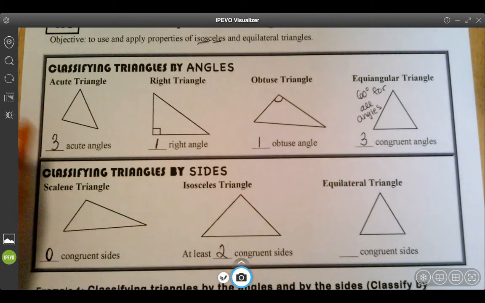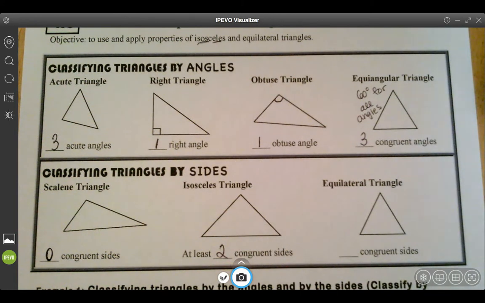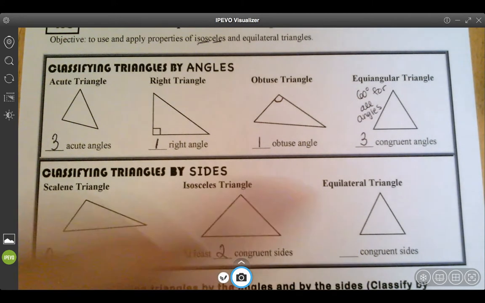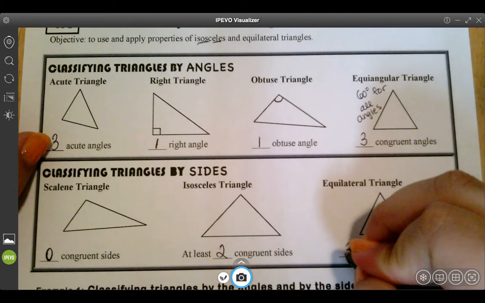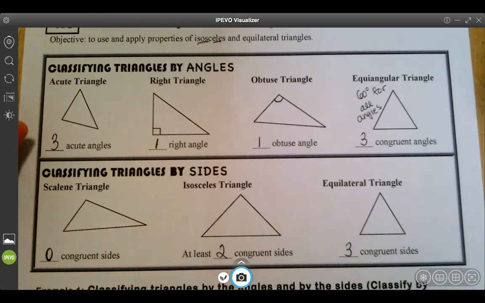Now, if it has 3 congruent sides, it can still be called isosceles. And so an equilateral triangle is a special case of isosceles triangles where we have 3 congruent sides. And I kind of mentioned before, a little bit of a spoiler, that equilateral triangles will always be equiangular and vice versa. Equiangular triangles will also always be equilateral.